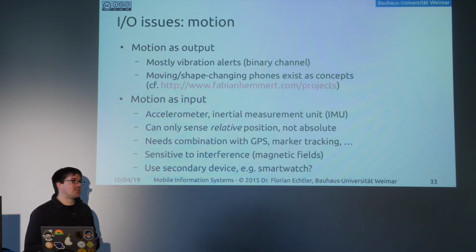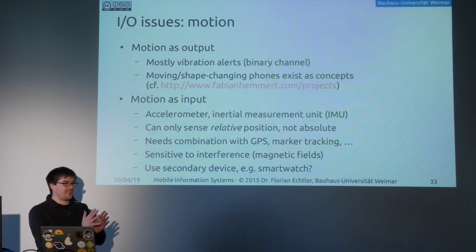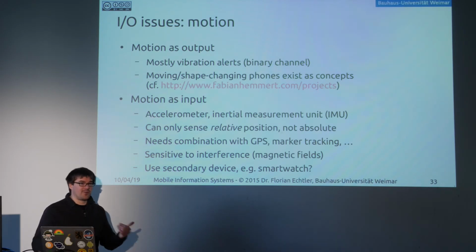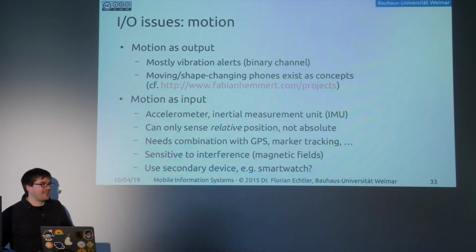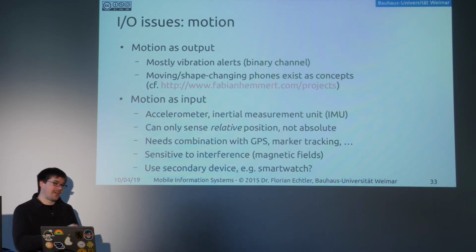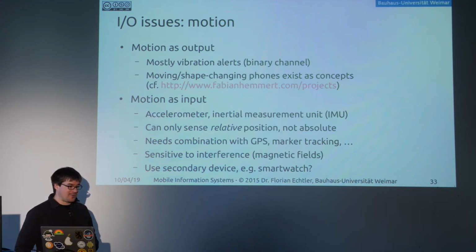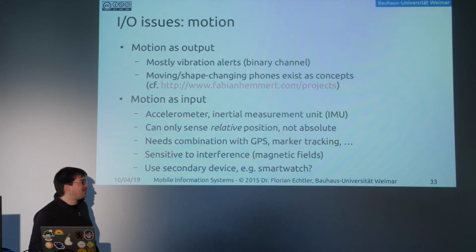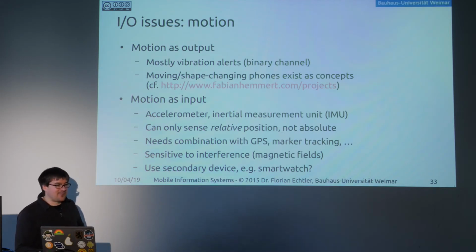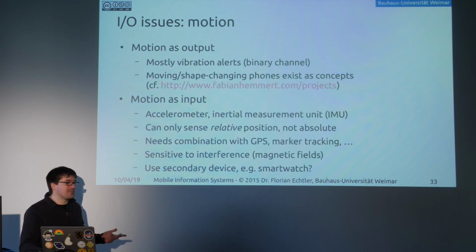But there's all sorts of weird concept devices that actually inflate and deflate to communicate some kind of message, like the more messages you have, the thicker your phone gets and so on. So this is also sort of motion as an output channel, and we'll talk about other aspects of that and other research projects also later on.